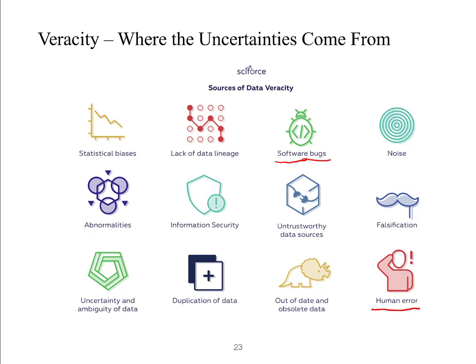Some come from the nature of the data, for example, statistic biases, lack of data linkage, or untrustworthy data sources. And some come from the requirements of the applications, for example, information security. It somehow forces the data to be a little bit uncertain.